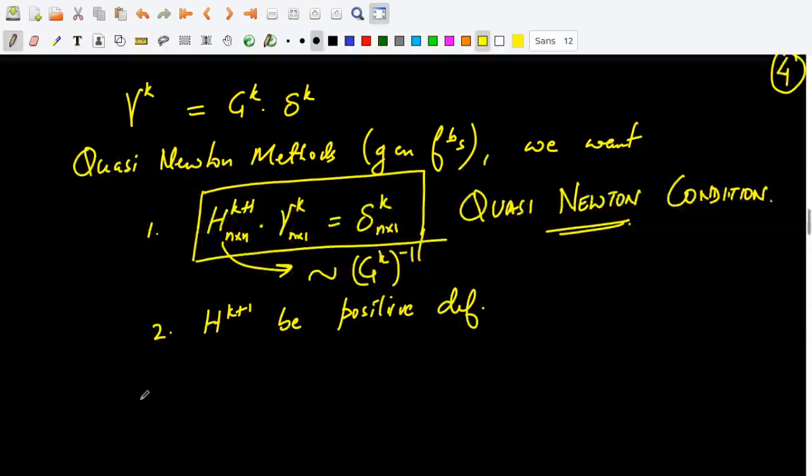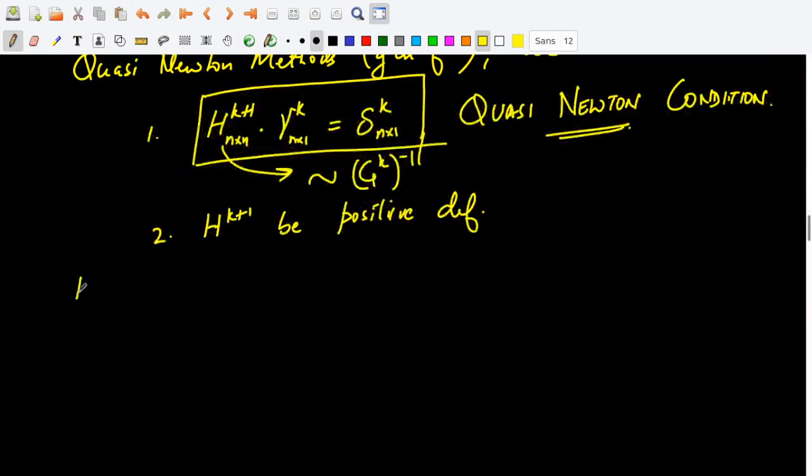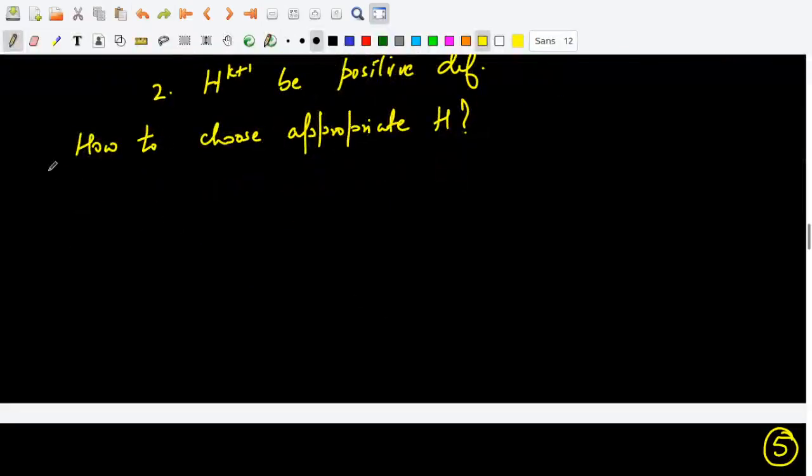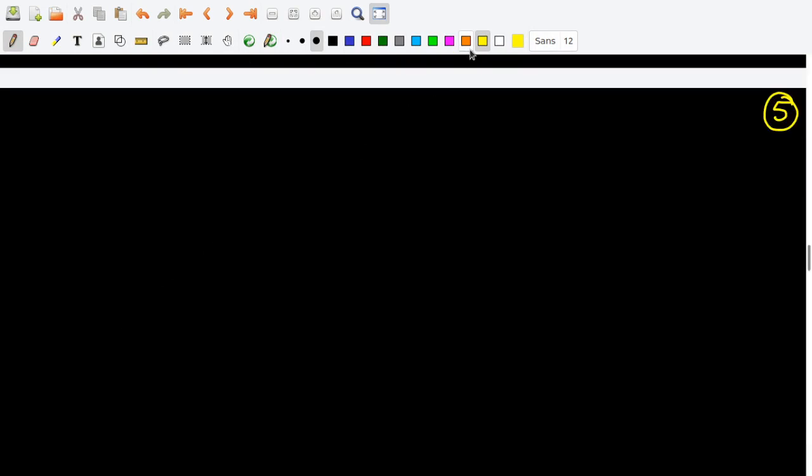So the simplest condition is how to choose an appropriate H. We will discuss two methods today for choosing H. The first method is what the book calls the rank 1 method.